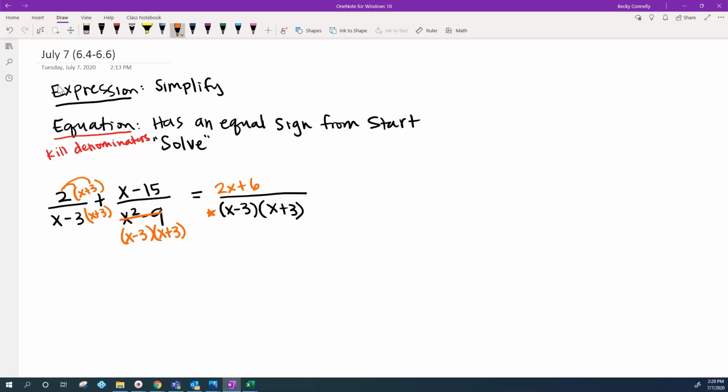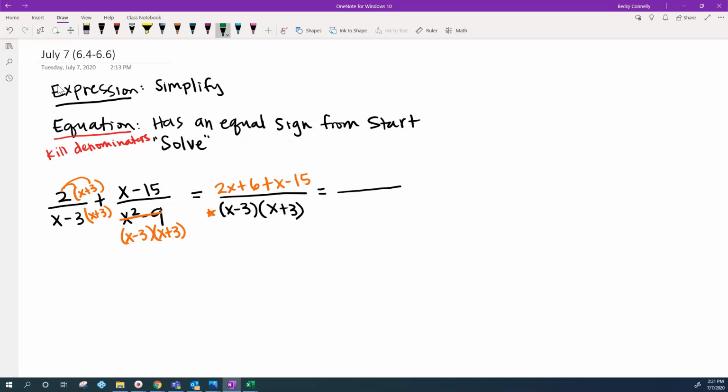Then I don't need to multiply that x minus 15 by anything, but I do need to combine my like terms together. The whole idea of this is we're trying to add these two together. A common mistake that I saw is that students were not combining the like terms.